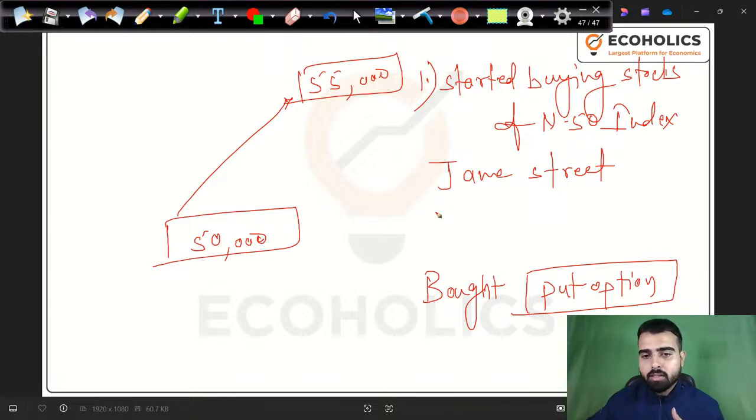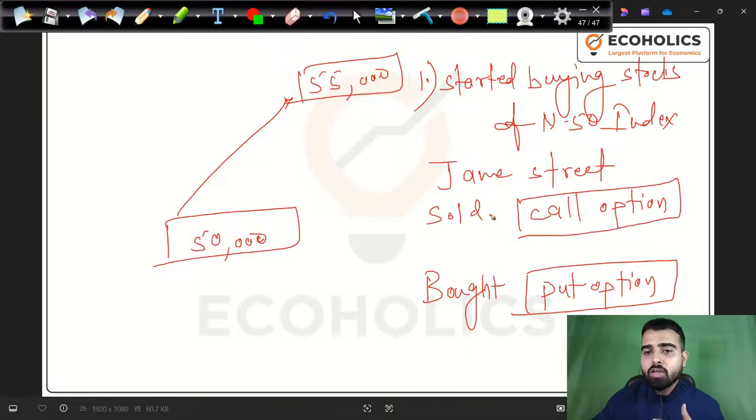and then they sold the call option. Call option means, if they are selling a call option, it means the buyer of the call option is going to have a right to buy. Okay, now what they did, they sold the call option for higher prices.